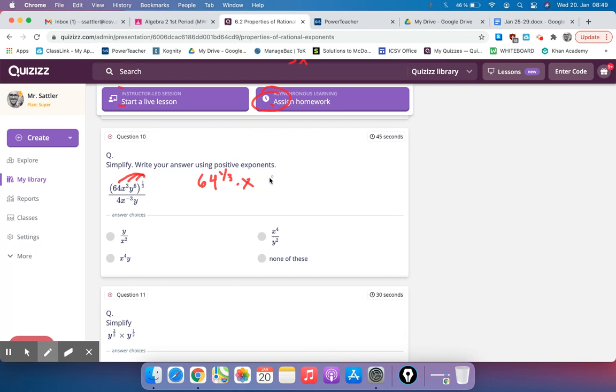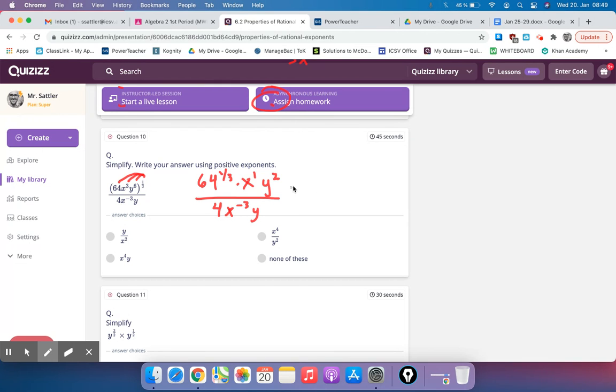So 3 times 1/3 is 1. And then y to the 6th to the 1/3, we multiply those exponents. So 6 times 1/3 is 6/3, so that's 2. Okay, now we can copy down the rest. We've got 4, x to the -3, and y.